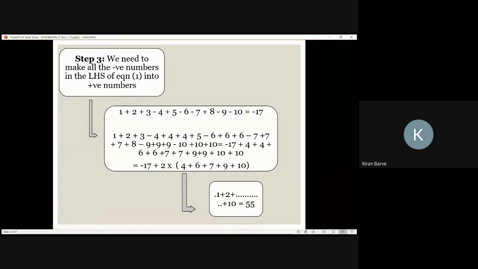Now you add an even number. What kind of number will you get, odd or even? Sir, odd. If you reduce from 55 an even number, which type of number will you get? Sir, again odd. So you can add or subtract an even number from odd.